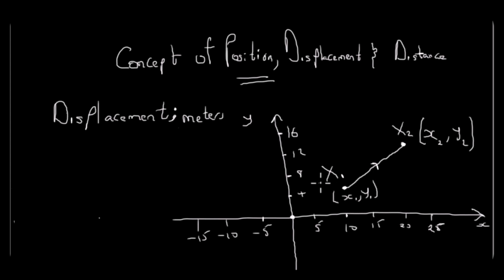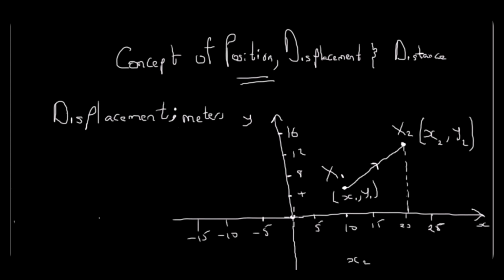Remember, we're trying to look for how we can find the displacement between these two points. Now, from geometry, if this is my origin, from the origin here, if I were to trace this line down in such a way that looks like this, it means from this origin to this point is simply x2.